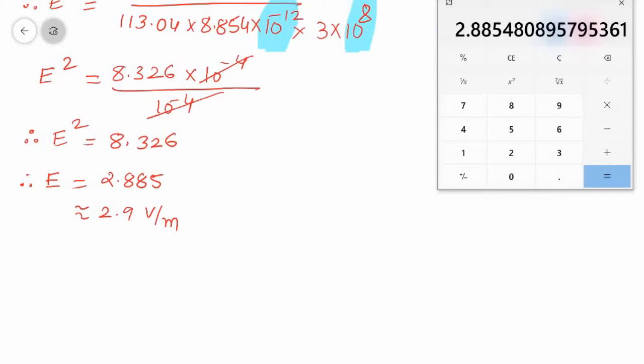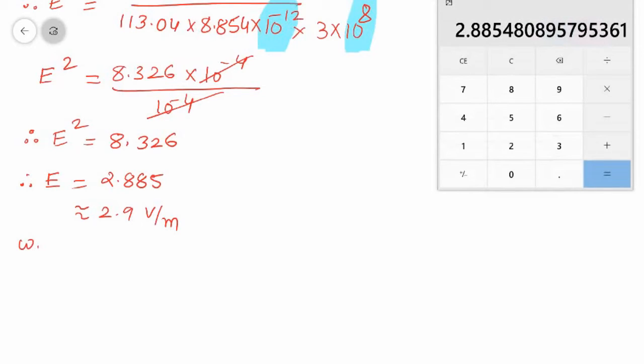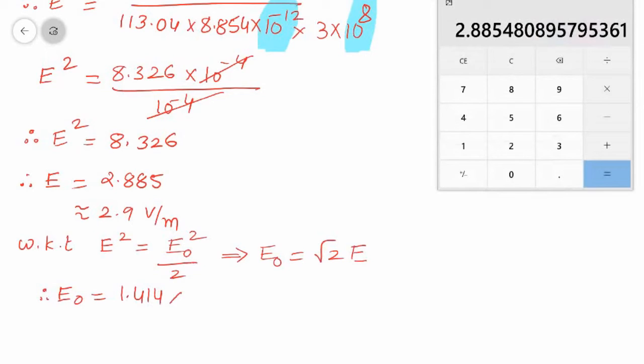Now we also know that E square is E naught square by 2. So this implies that E naught will be equal to root 2 E. So therefore E naught will be equal to root 2, which is 1.414, times E, which is 2.9.